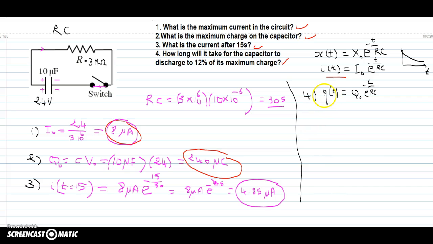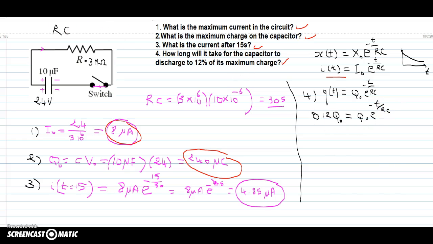Now, when this is 12%, that means 0.12 of Q0. That means Q0 divided by 100 times 12, or just Q0 times 12 over 100. So 0.12 Q0 is equal to Q0 exponential minus t over RC time.